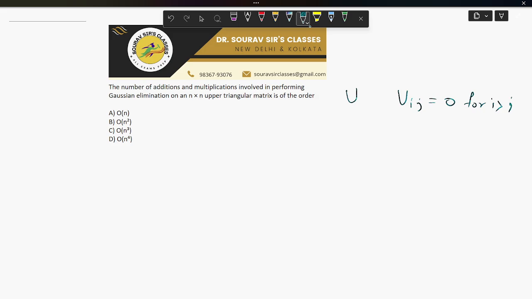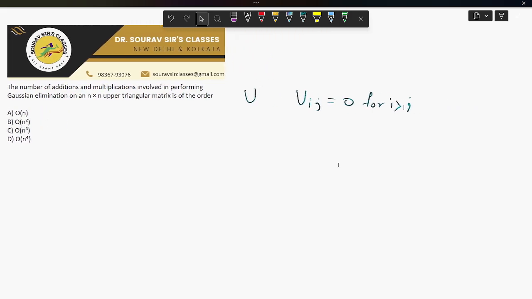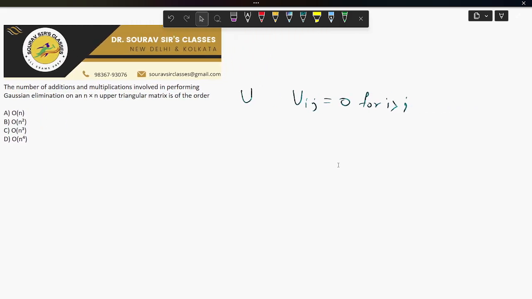And Gaussian elimination on such a matrix simplifies to back substitution, since no elimination steps are needed below the diagonal. So now the back substitution steps start from the last row, that means our nth row, and solve for xn.